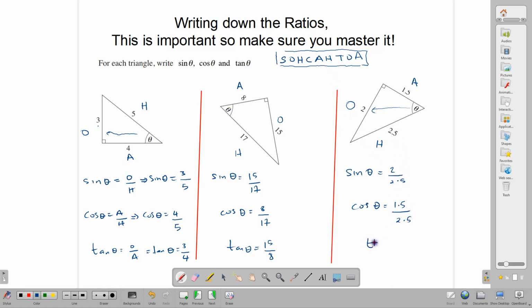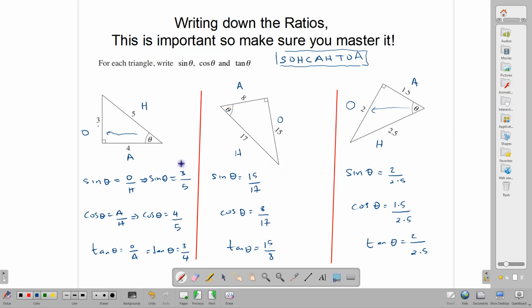And the tangent of the angle is equal to the opposite side divided by the adjacent side, which is 2 over 2.5.